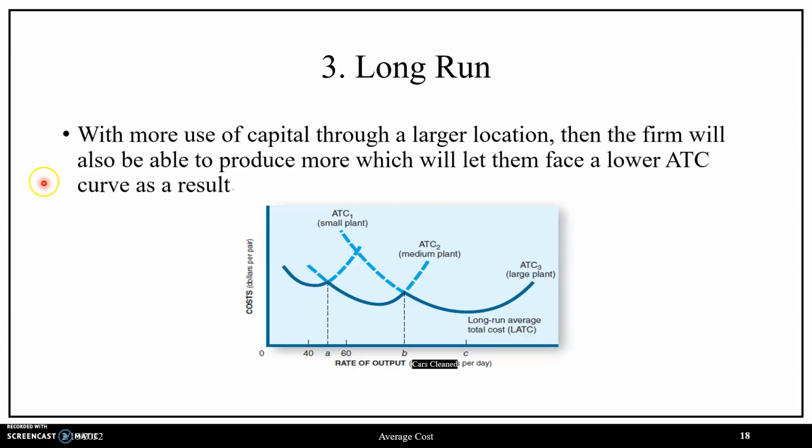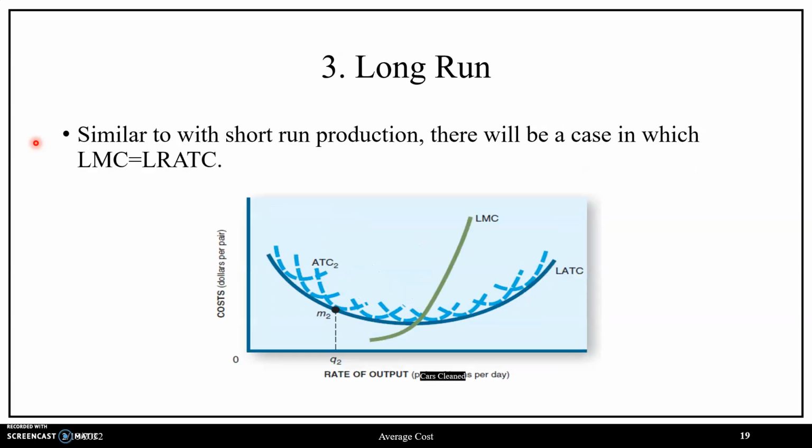With more use of capital through a larger location, the firm will also be able to produce more, which will let them face a lower average total cost structure than they could before. And lastly, similar to what we saw with short-run production, there will be a case in which the long-run marginal cost curve will intersect the long-run average total cost curve as well.